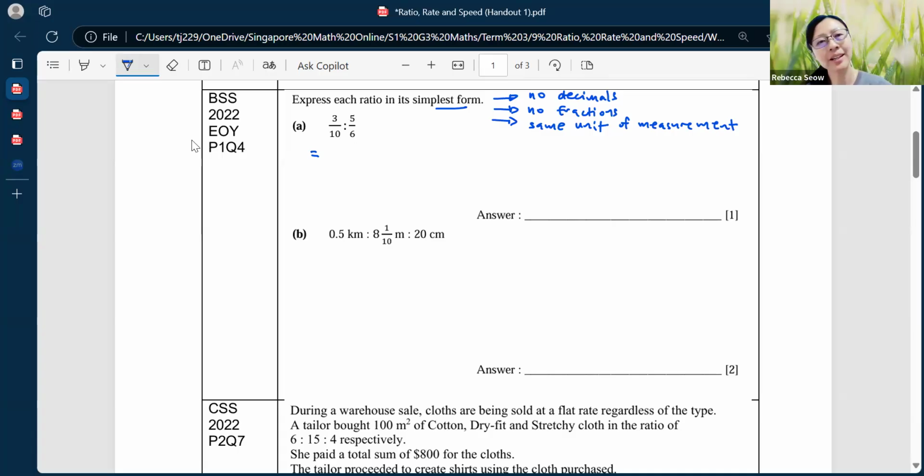So looking at both denominators, 10 and 6, when we find the LCM, that gives us 30. So we multiply both quantities by 30.